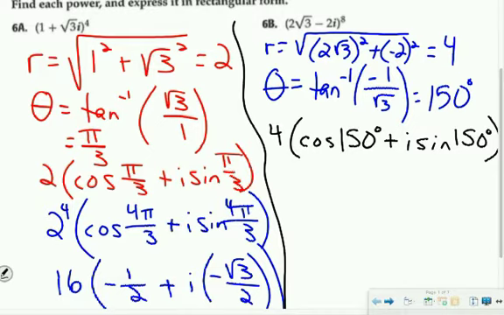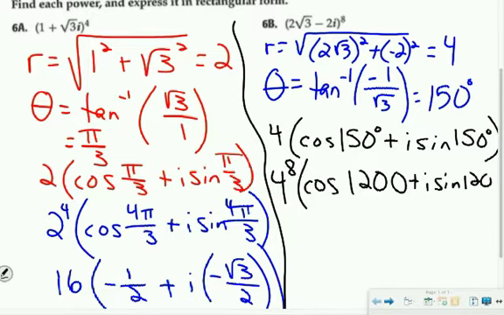And now using DeMoivre's theorem, that means I'm taking 4 to the 8th power times the cosine of, oh my goodness, this angle is going to be huge. So 150 times 8. That's 1200 plus I times the sine of 1200. And these are, of course, degrees. I ran out of space here. Sorry about that.